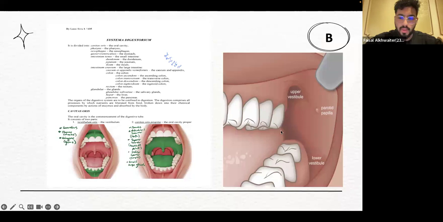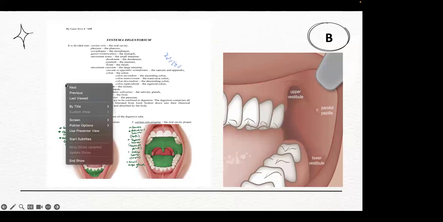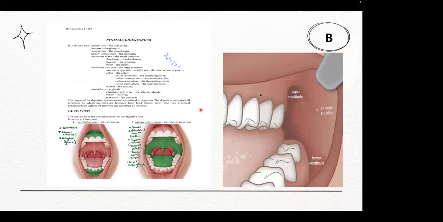Reem, do you know how we can put the laser pointer? I think just left click, the three lines, pointer option. Okay, can you guys see it now? Okay, we can see it now.